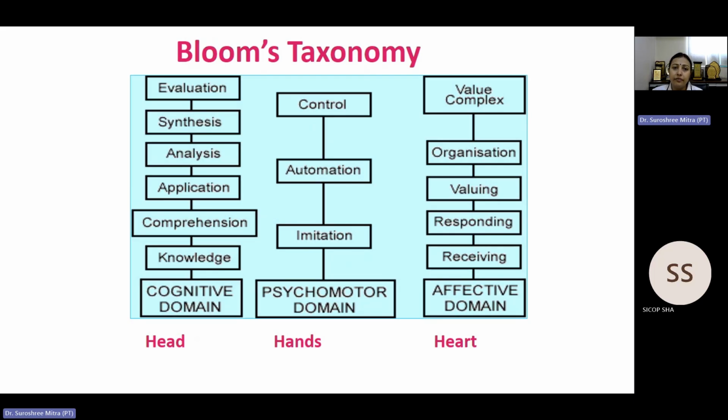Then comes the third level, which is the level of application. Here, they don't just comprehend, but also try to analyze how they will apply this in real life scenarios. For example, in electrotherapy, it's not just important to know the different modalities, that is TENS, IFT, SWD.